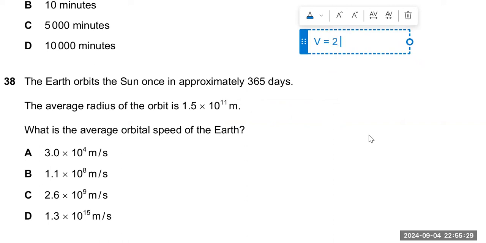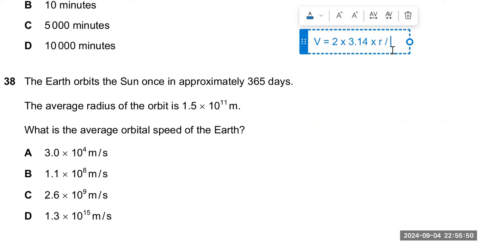The value of pi is 3.14, r is the orbital radius, and time is 365 days, but the answer is in meters per second.